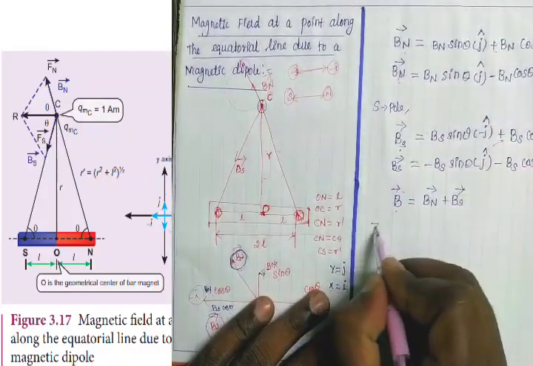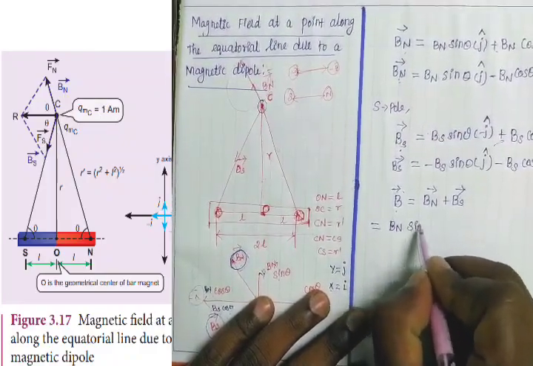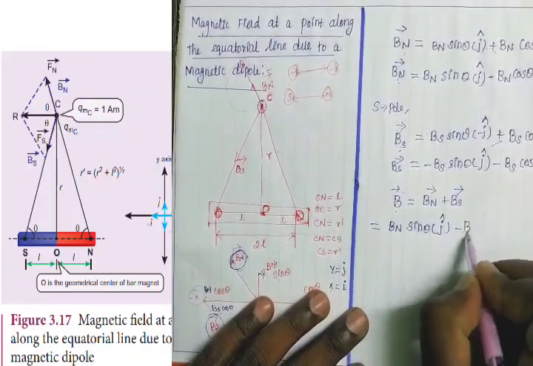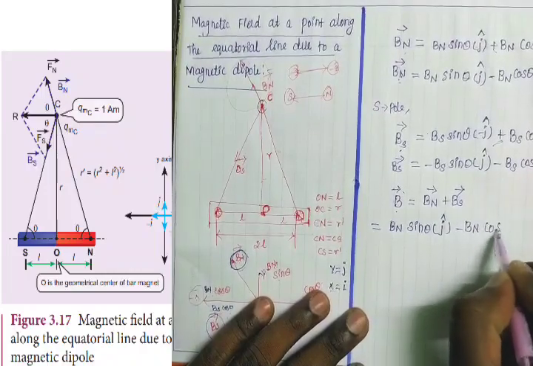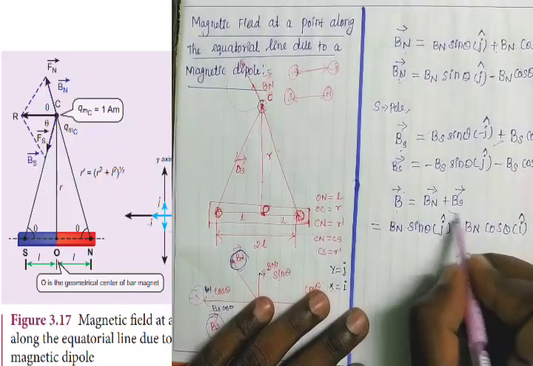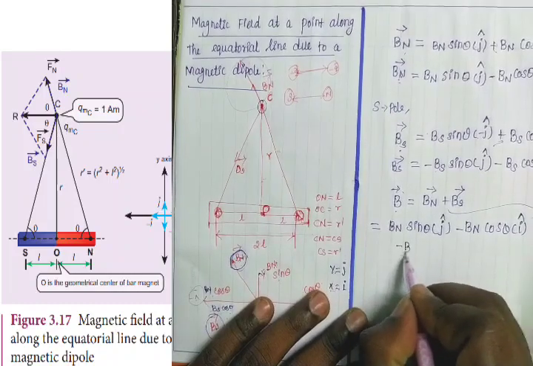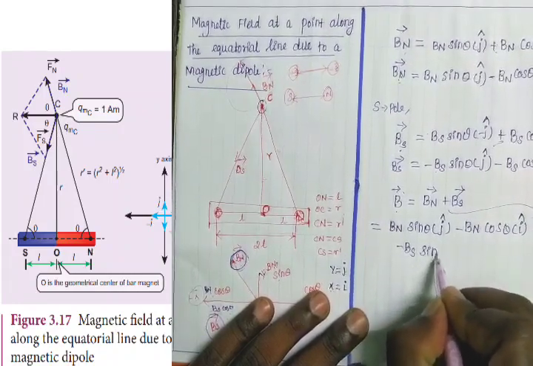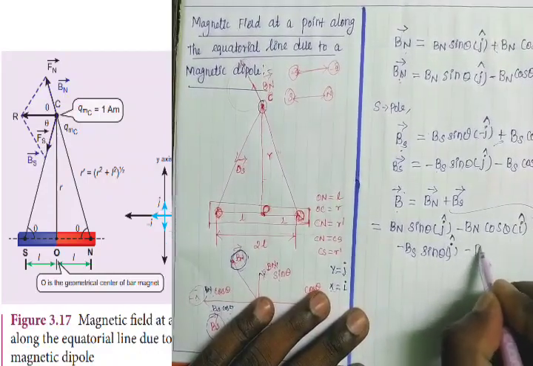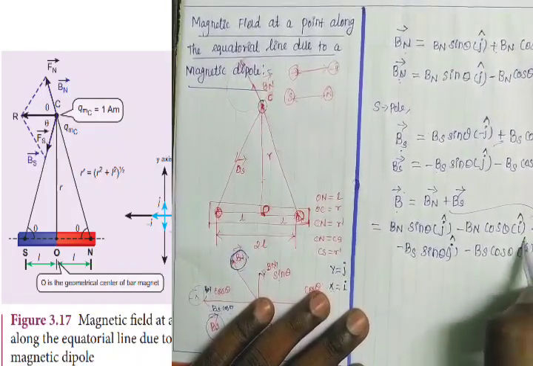So B n vector already calculated, B n sin theta j cap minus B n cos theta i cap, plus the B s, minus B s sin theta j cap minus B s cos theta i cap.